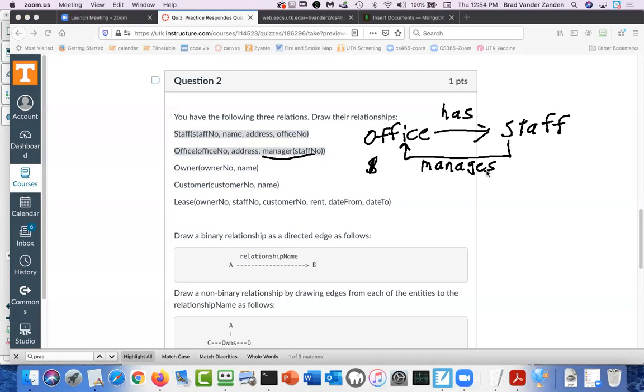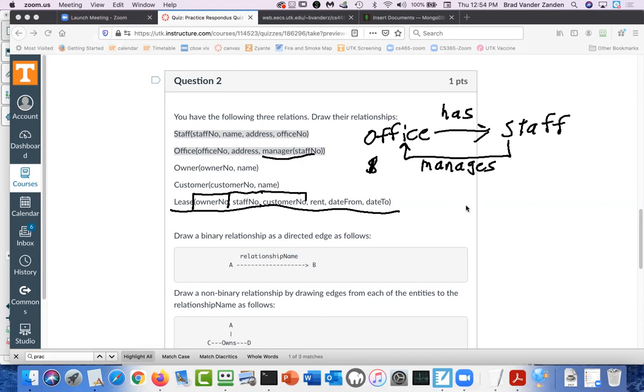Yep. Okay, and then the other one here was this one. This is a relationship and it's bristling with foreign keys. So it has owner number, it has staff number, and it has customer number.